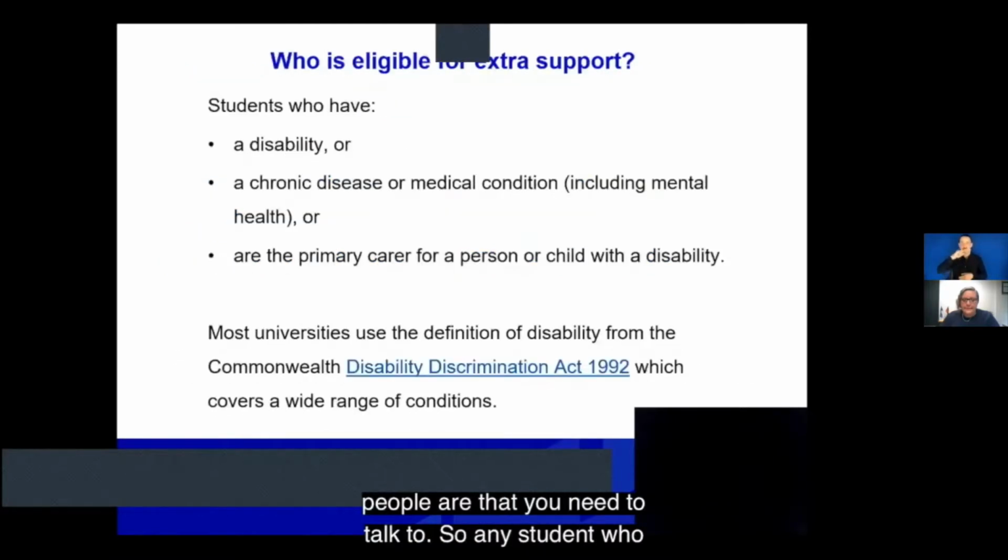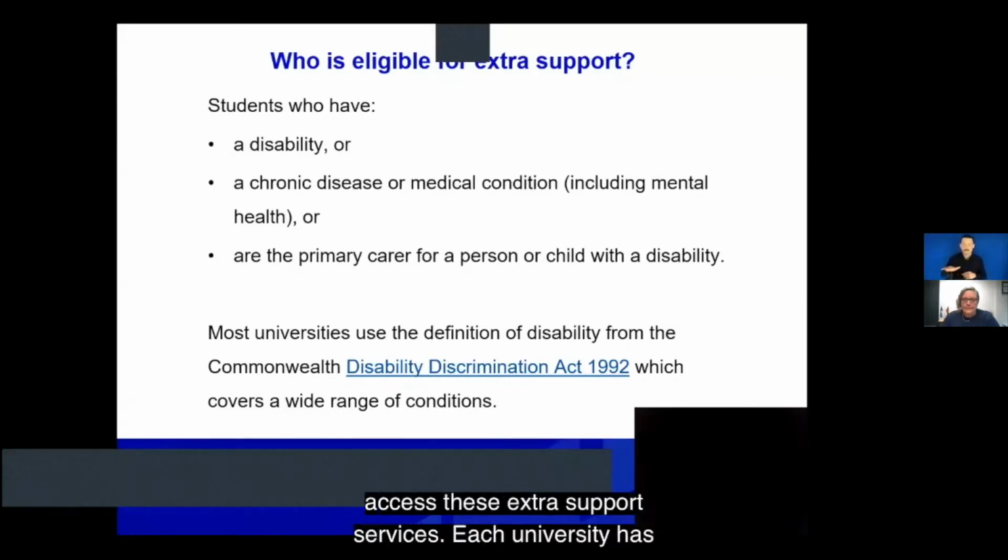So any student who has a disability or a chronic disease or medical condition, including mental health conditions, or is a primary carer of a person with a disability, is eligible to access these extra support services.